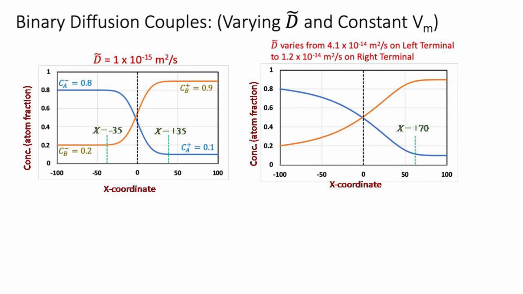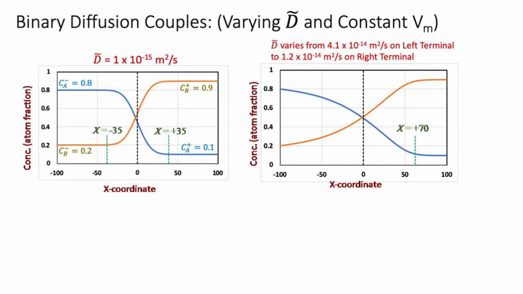And how much it is varying? In the left terminal alloy, the diffusion coefficient is 4.1 times 10 to power minus 14 meter square per second. It varies with composition, and in the right terminal alloy, it has the value of 1.2 times 10 to power minus 14 meter square per second.